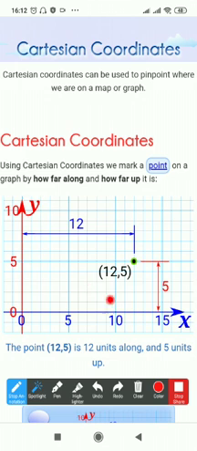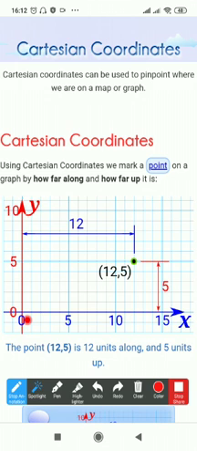Now this point 12, 5 is located on the map as 12 units along. If you count from 0, you count 12 units along. 12 comes first, and in the alphabet the letter x comes first. So the first coordinate shows the x value and the second coordinate shows the y value.